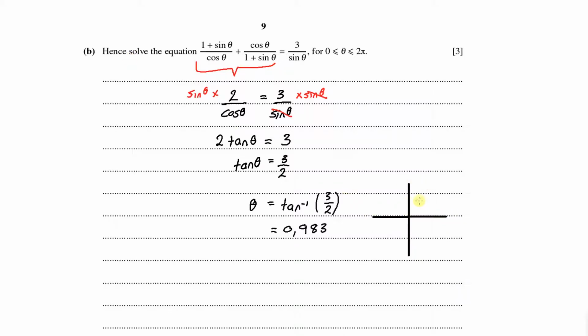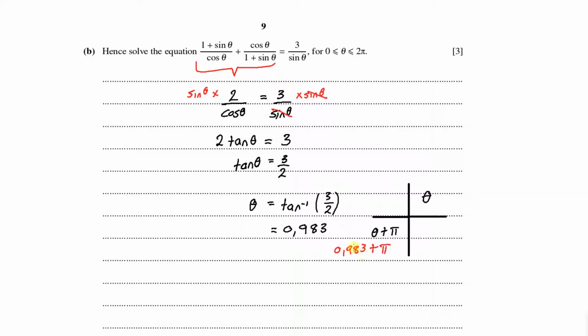Now, if we look at the quadrants, you notice that theta is positive in the first quadrant and in the third quadrant. So the value of theta in the first quadrant is what we got, that's 0.983. But the value of theta in the third quadrant is going to be theta plus pi. So that's going to be 0.983 plus pi.